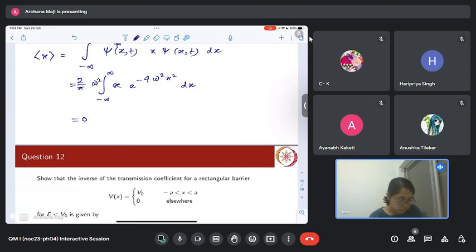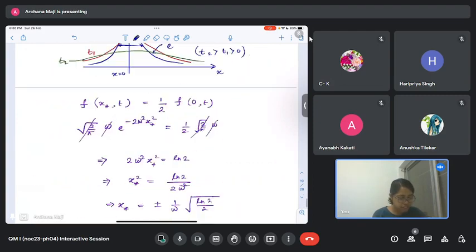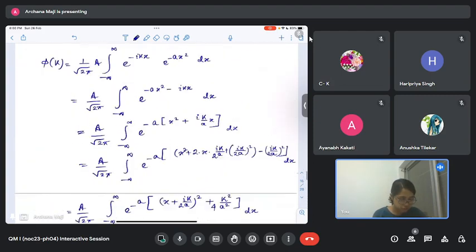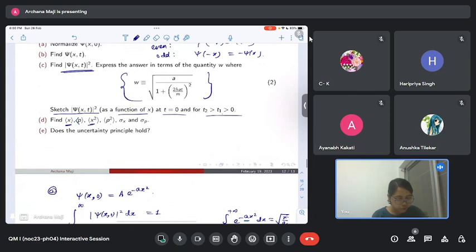Now from the Ehrenfest theorem you know that the expectation value of momentum is d/dt of the expectation value of x, so that is also 0. So both x and p expectation values are 0, but x square and p square expectation values will not be 0, so you go back and do that integration. X square expectation value would be the integral from minus infinity to infinity of x square psi star x t psi x t dx.